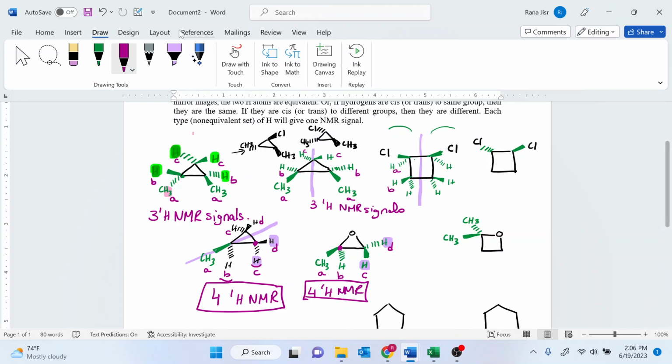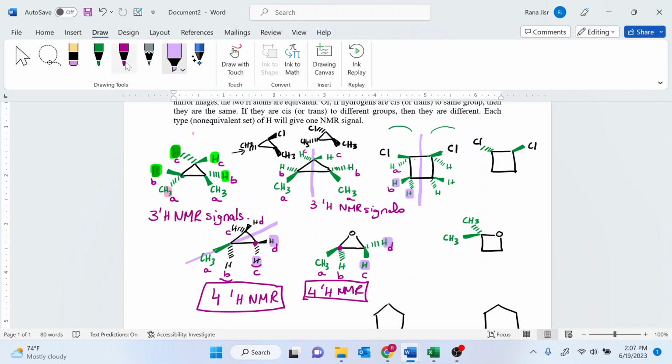The question is, are these two hydrogens the same? Okay, this is the question. So again, go ahead and replace each of these hydrogens with an X atom, like a bromine, for example. So if I replace this hydrogen, the bromine will be cis to the chlorine. The bromine here will be trans to the chlorine. So this means that these two are going to be different.